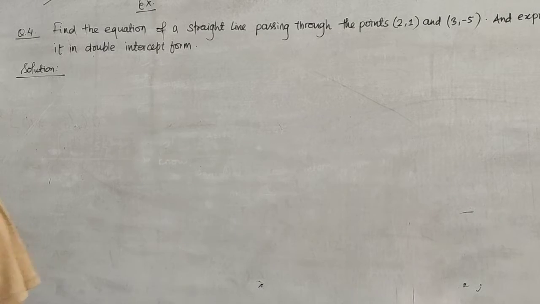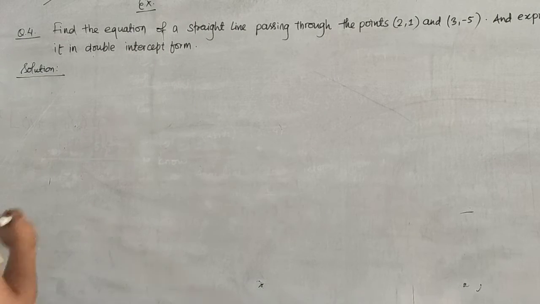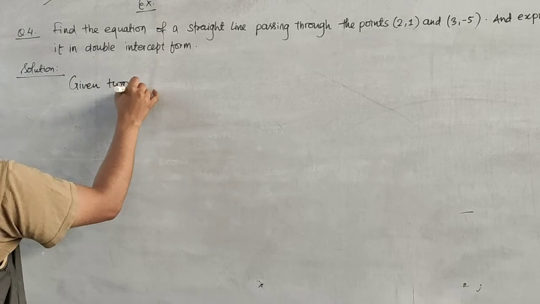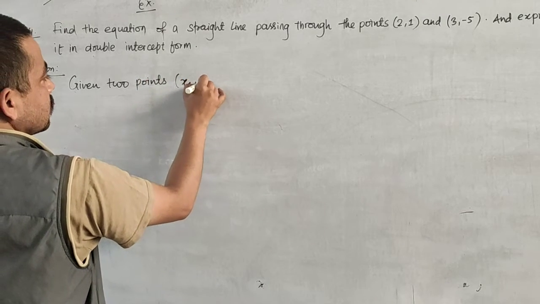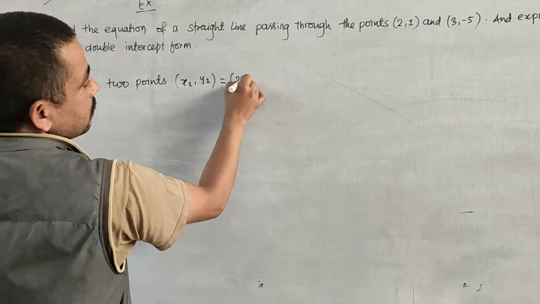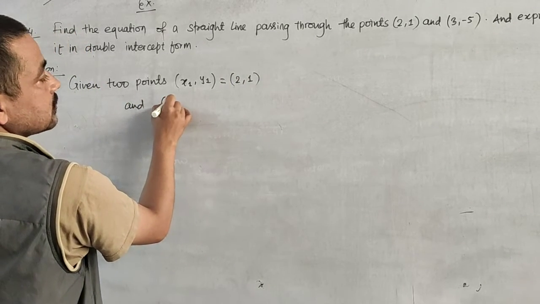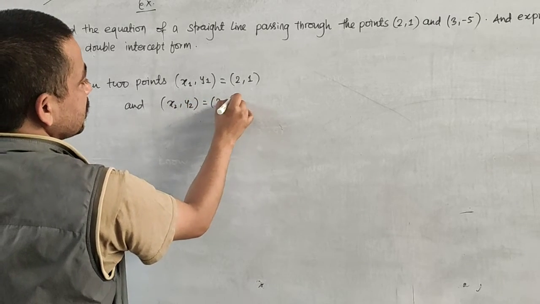It is also an important question. Two points are given: (x1, y1) and (x2, y2), which is (3, -5).